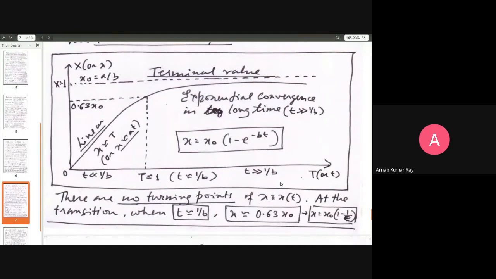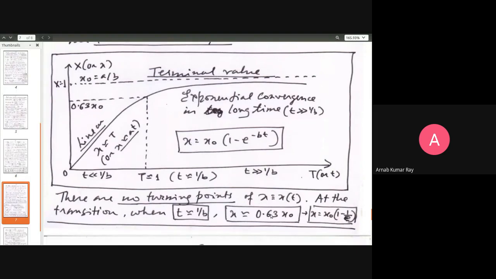So anyway, when the transition takes place, what is the value of the function? You put small t equal to 1 by b. That's a rough value. So e raised to minus 1, as has been written over here. X is equal to x naught into 1 minus e raised to minus 1, or 1 minus 1 by e.